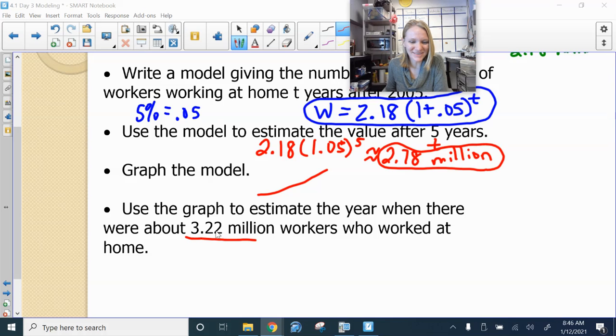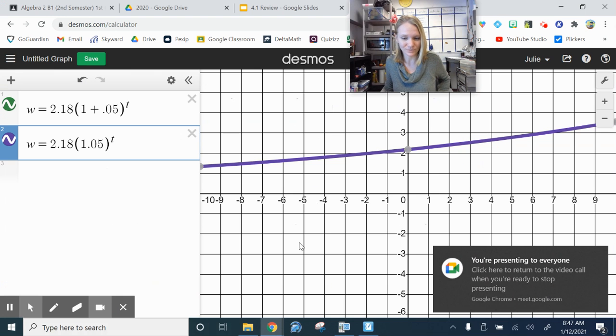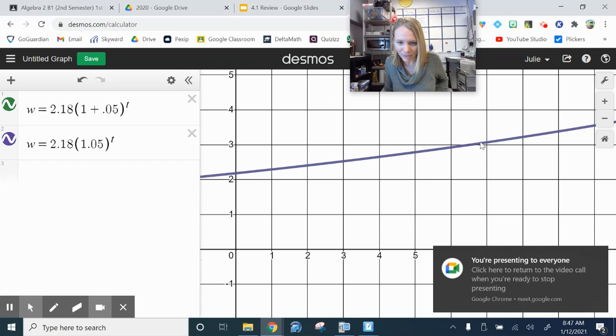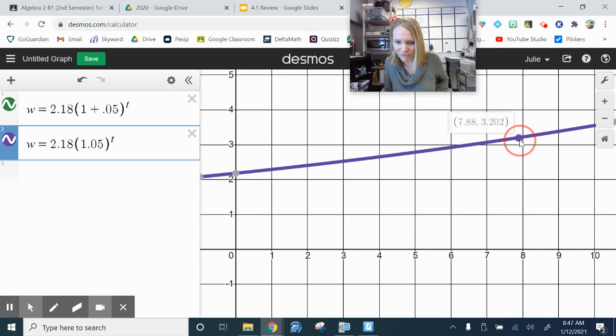So it says use it to estimate when about 3.22 million workers worked at home. We knew it took 5 years to get to about 2.78 million. We want to know how many years, so it's going to be more than 5 to get to 3.22 million workers. I could drag and drop till I'm at about 3.2 or 3.22.